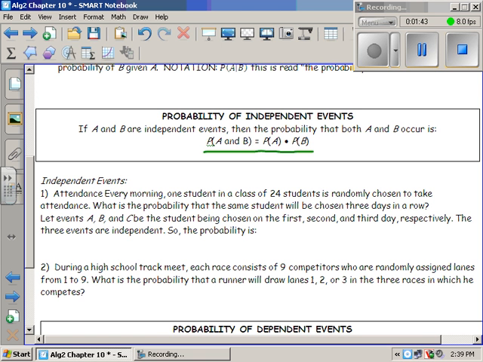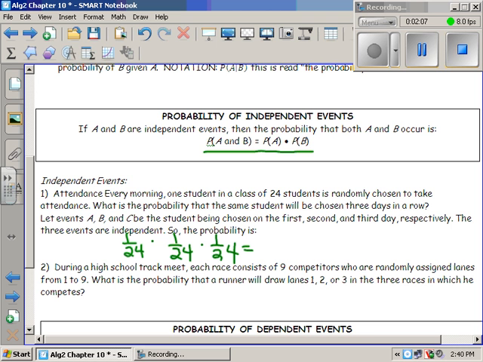Okay, so the probability that the student will be chosen the first day is 1 out of 24. The probability that he's going to be chosen at random the second day, again, 1 out of 24. So this is like if the teacher has popsicle sticks and she just pulls one out. And the probability for the third event, again, 1 out of 24.